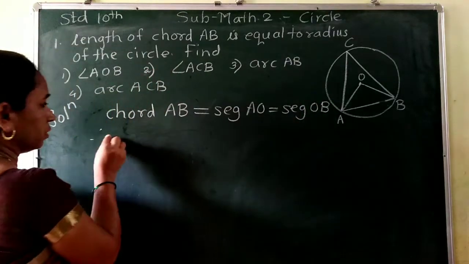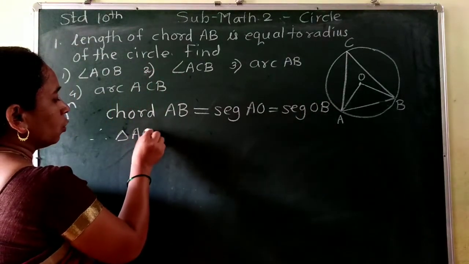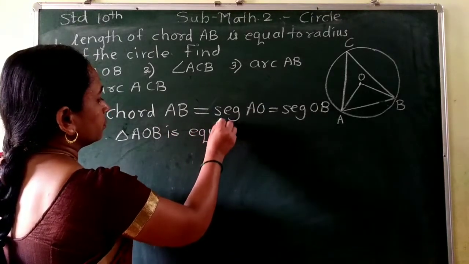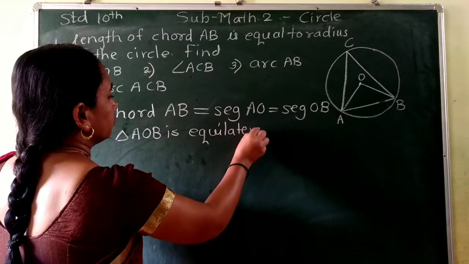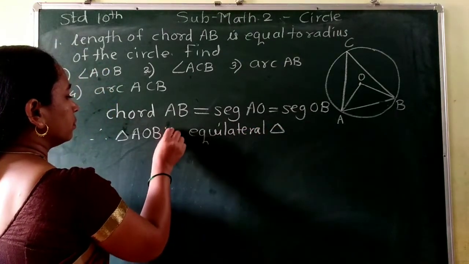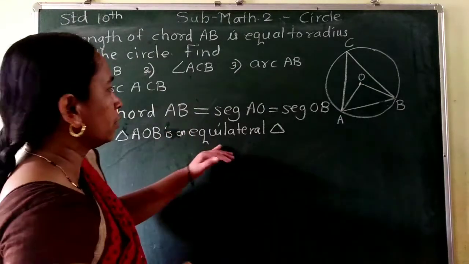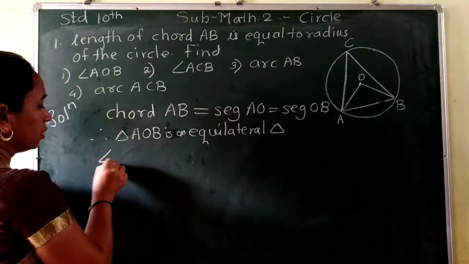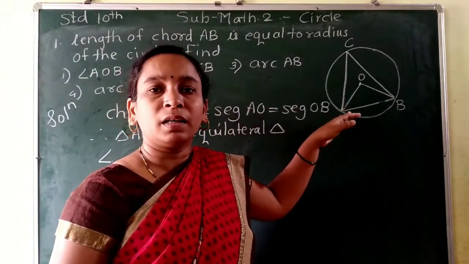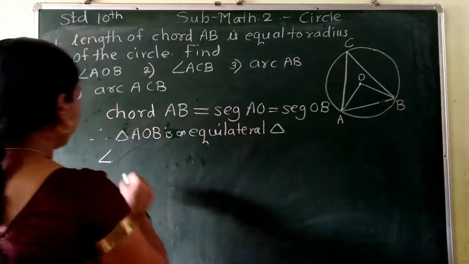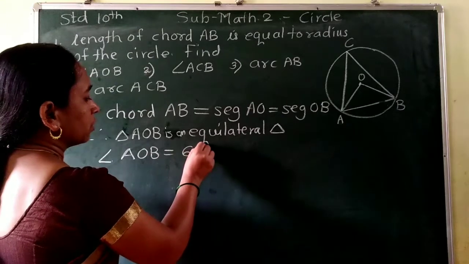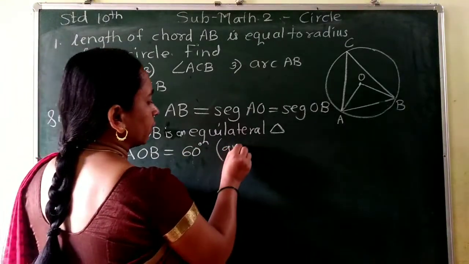Therefore, this triangle AOB is an equilateral triangle, and if it is an equilateral triangle, then all angles of this triangle are 60 degrees. We know the property. So therefore angle AOB is equal to 60 degrees. What is the reason? Angle of equilateral triangle.